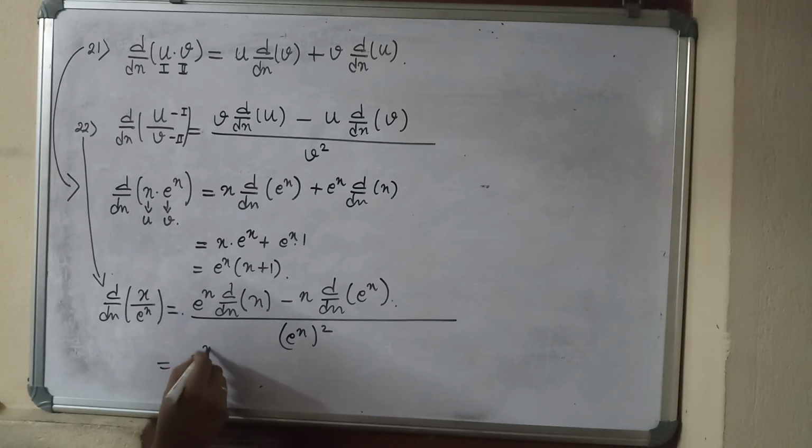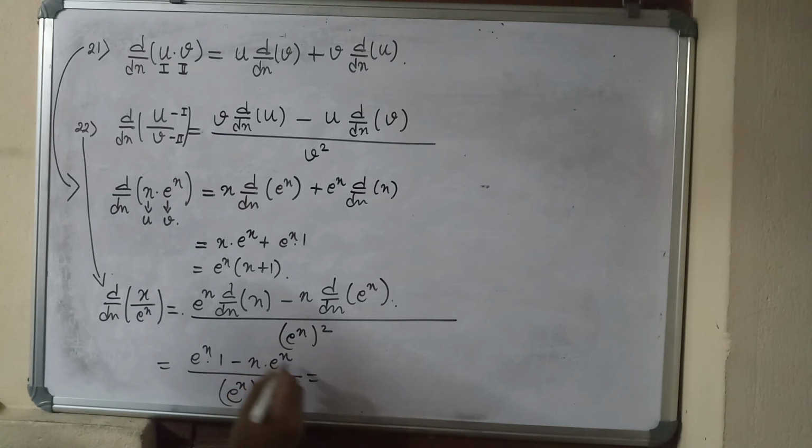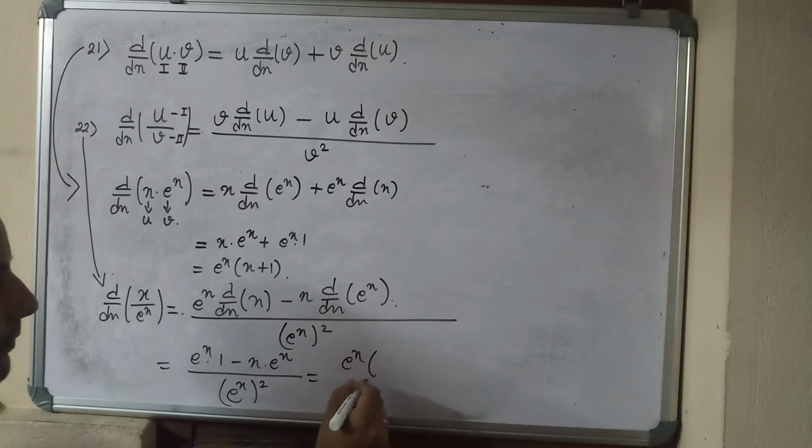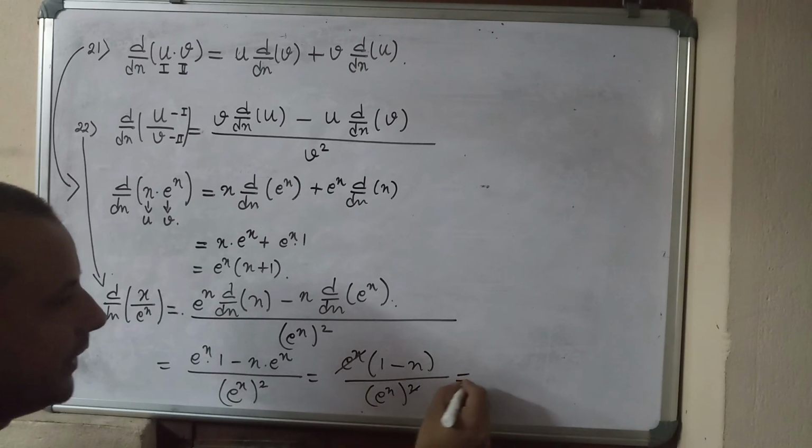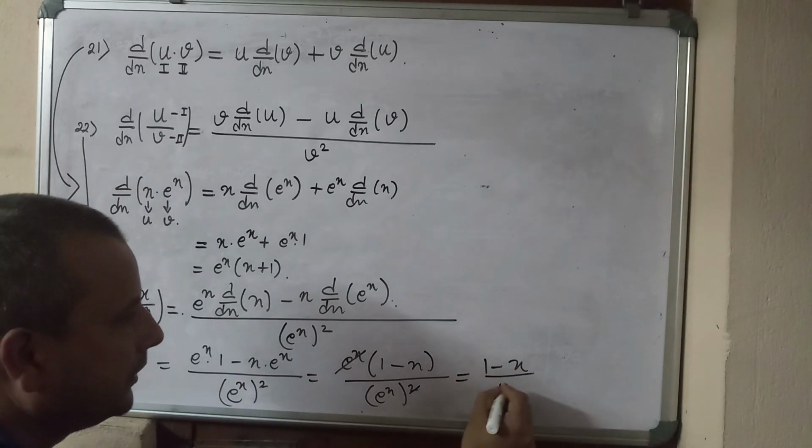Now e to the power x into derivative of x, which is 1, minus x into derivative of e to the power x, which is e to the power x, over e to the power x whole square. Or we can take e to the power x common: 1 minus x over e to the power x whole square. We can cancel this too. The final result will be 1 minus x over e to the power x.